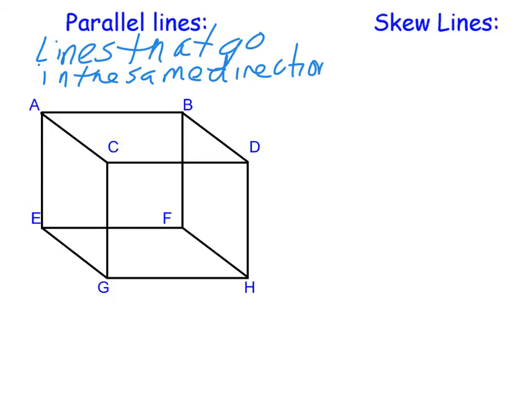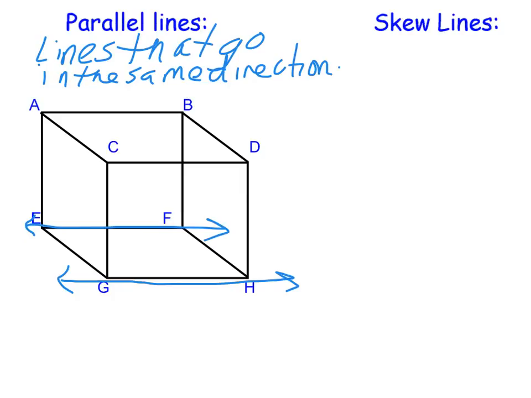If we look for lines that go in the same direction, you have line GH. It is horizontal, so I want to find another horizontal line. I have several choices here. I could say it's parallel to this line back here, EF. Those go in the same direction.